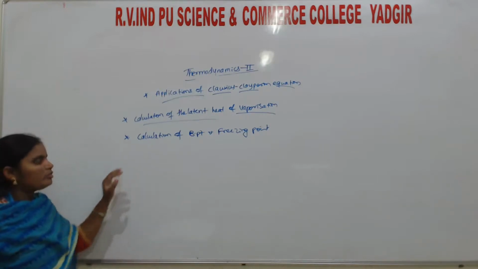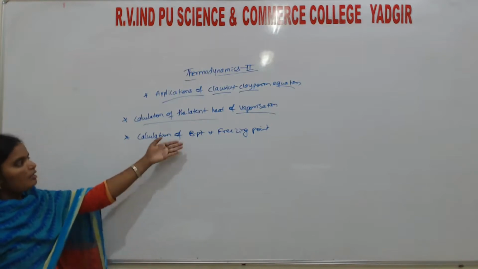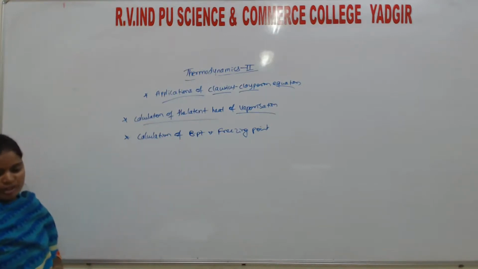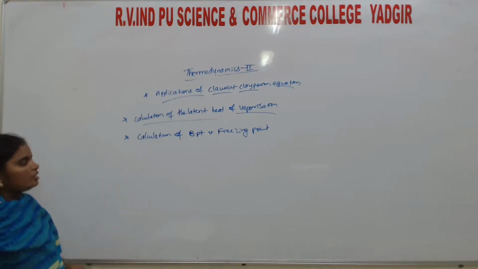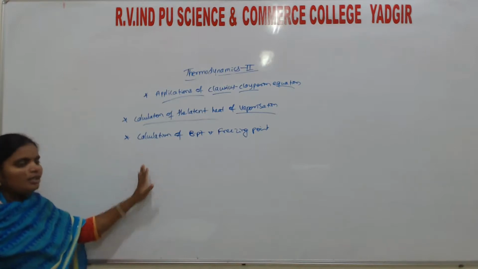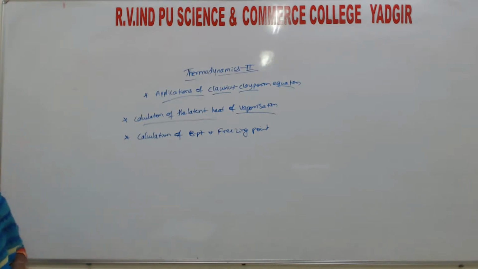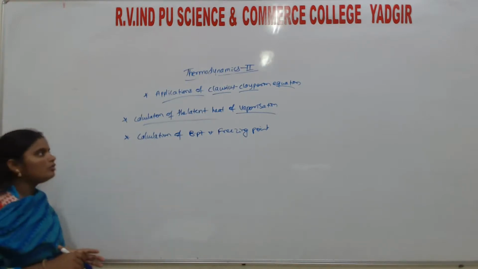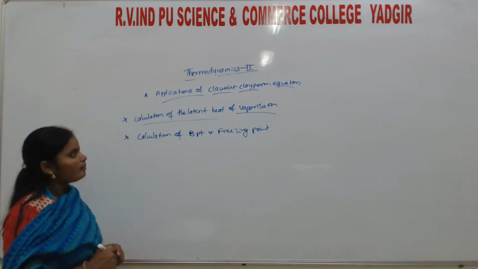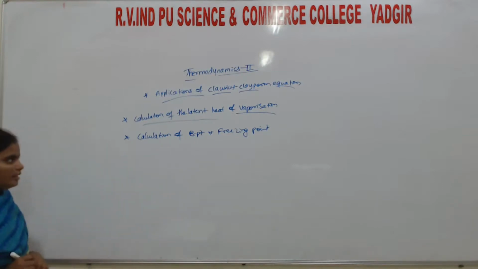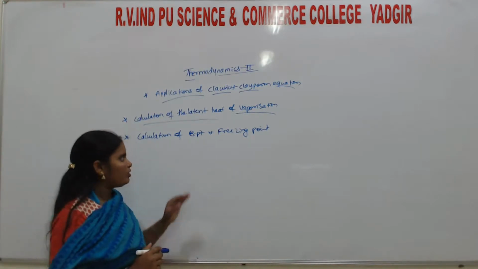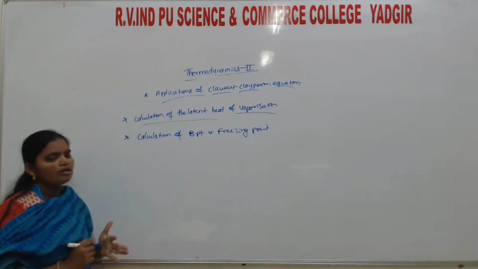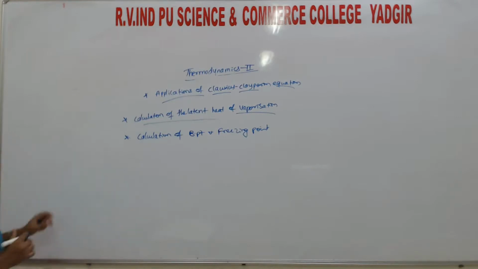You know the boiling point or freezing point at one pressure, and it is possible to calculate it at another pressure P2 by the use of the Clausius-Clapeyron equation. This is the second application, the calculation of boiling point or freezing point.